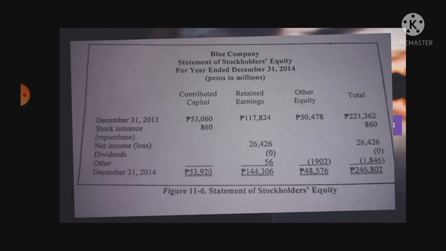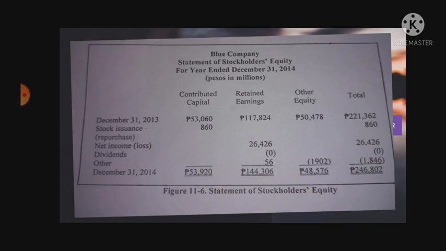So, overall, the statement of stockholders' equity tells the reader what happened to a company's equity for the reporting period, which in concept is very similar to the more widely used statement of cash flows, which tells us what happened to the company's cash.